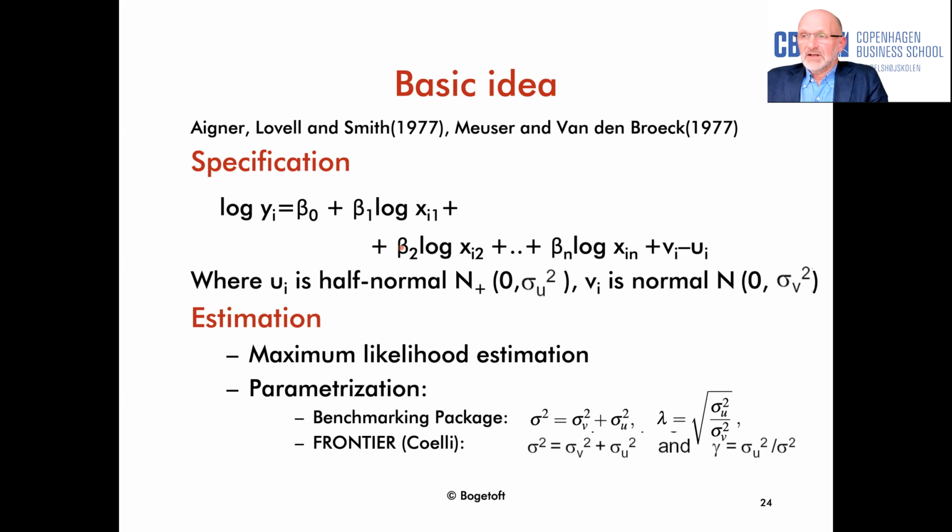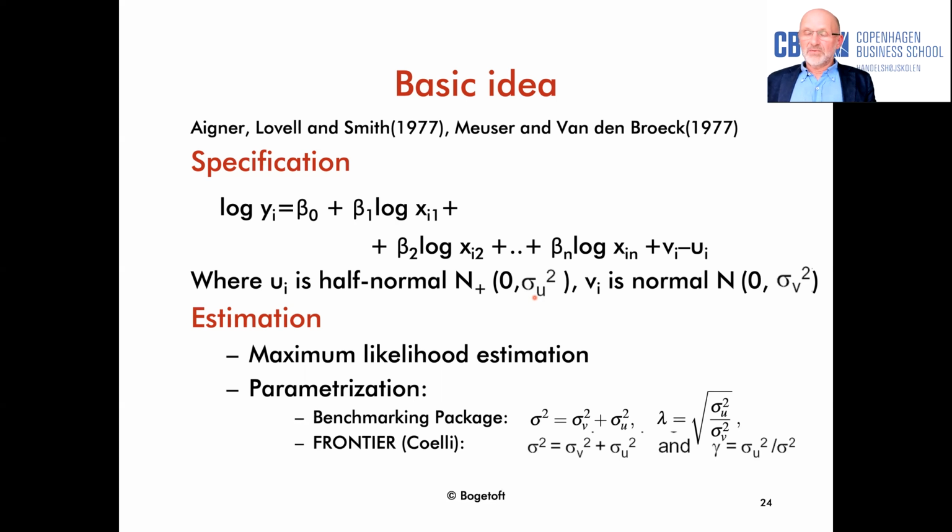So that's the structure. You're trying to estimate these parameters beta and the variance of the noise term and the variance of the inefficiency term. You estimate them basically like you normally estimate in statistical models, namely using the maximum likelihood principle.